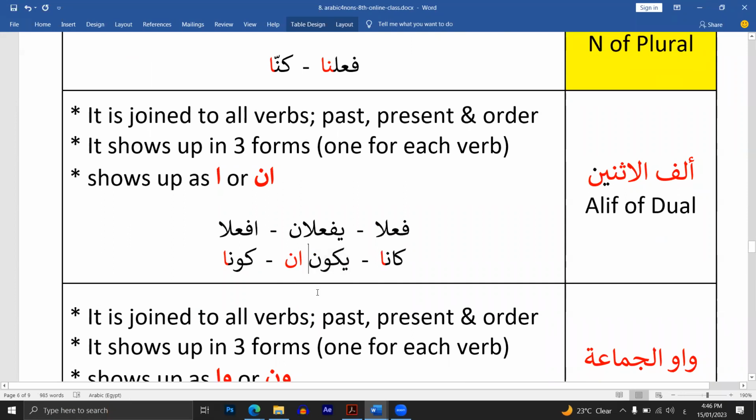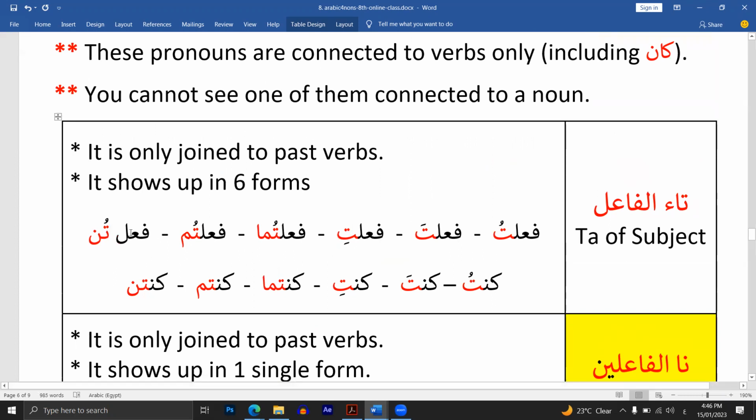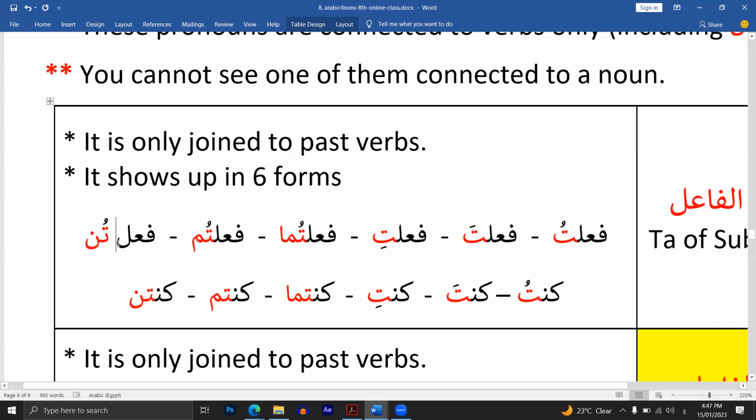What is the first letter after that? It's alif. So we are talking about aliful ithnain. And here, فعلتن. فعل plus tun. Okay. The first letter after the verb is ta. So we are talking about ta'u al-fa'il.